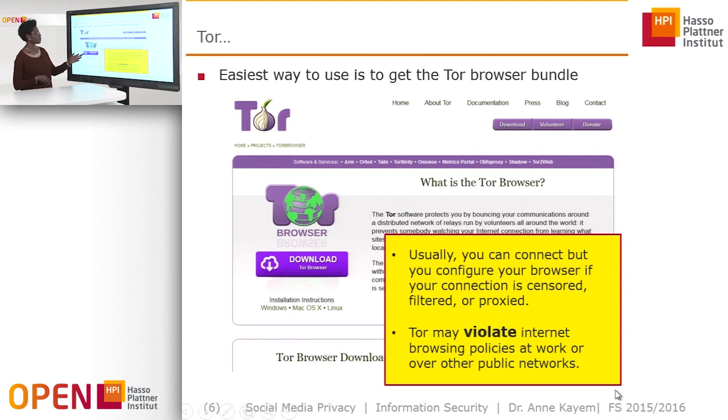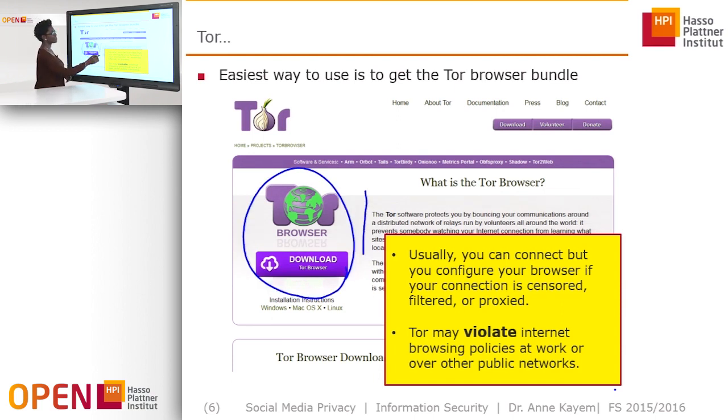And then what you want to do is basically download your Tor browser. You have all the information which tells you about Tor, and usually you can just connect and configure your browser to work with Tor. However, if your connection is censored, filtered, or proxied, this might be difficult to do.